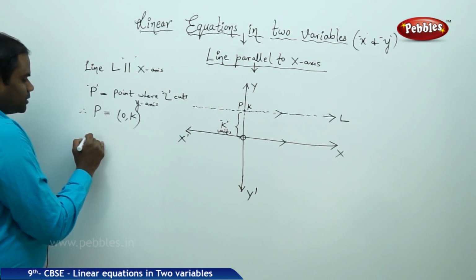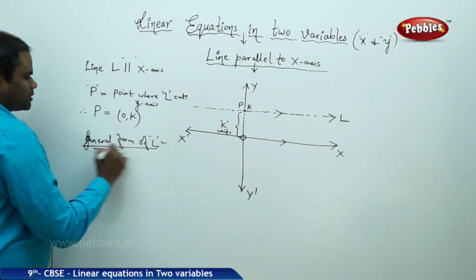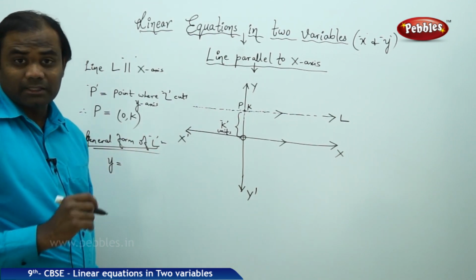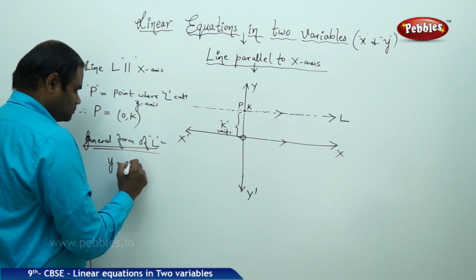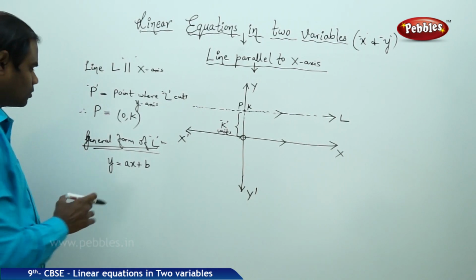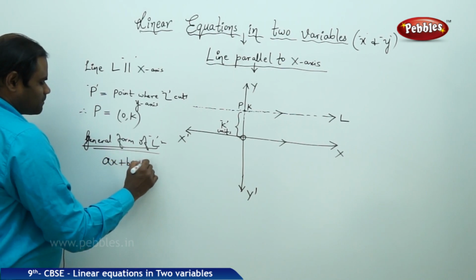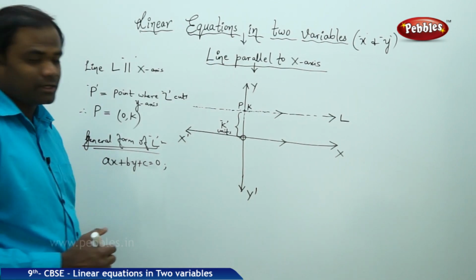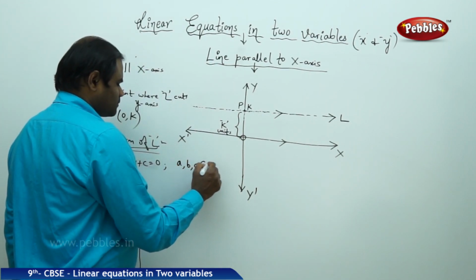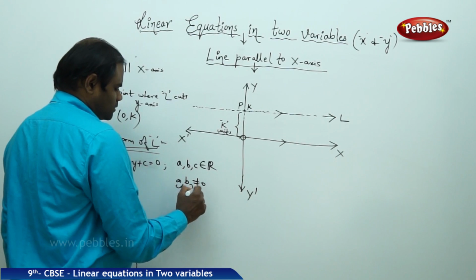Next, let me take the general form of the line. The general form of line L is ax plus by plus c equal to 0, where a, b, c are real numbers and a and b are not equal to 0.